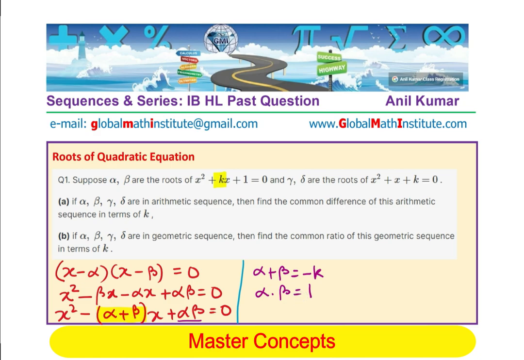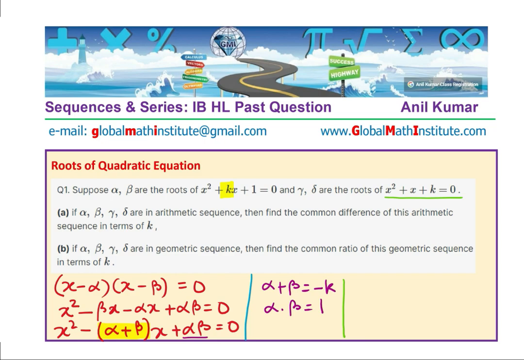Now, the same strategy we use for the second equation, which is x squared plus x plus k equals 0. From the second equation, the sum of the roots, gamma and delta, should be equal to minus 1.